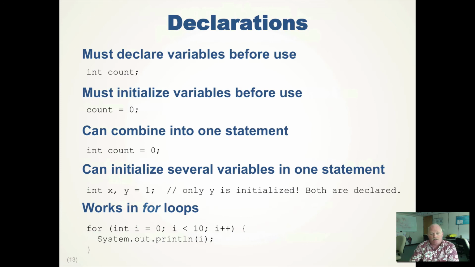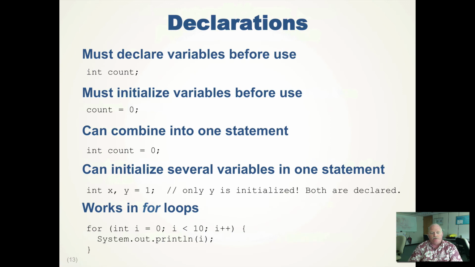You can declare several variables in one statement if you use a comma. So int x, y = 1 declares x, and declares y and assigns it 1. So only y is initialized after this statement. x is not initialized, but they're both declared and can both be used.